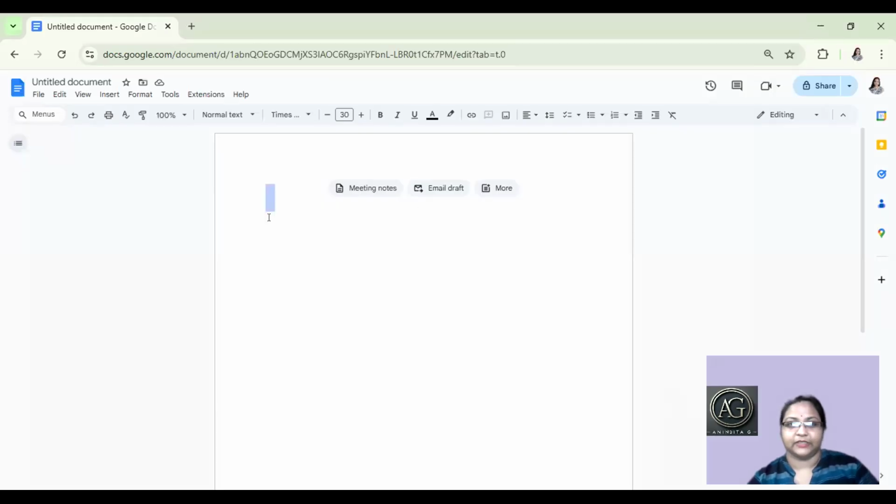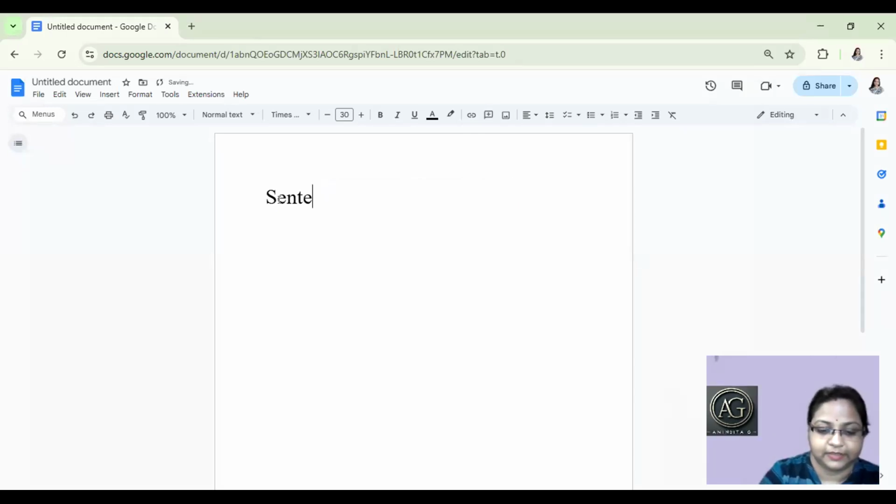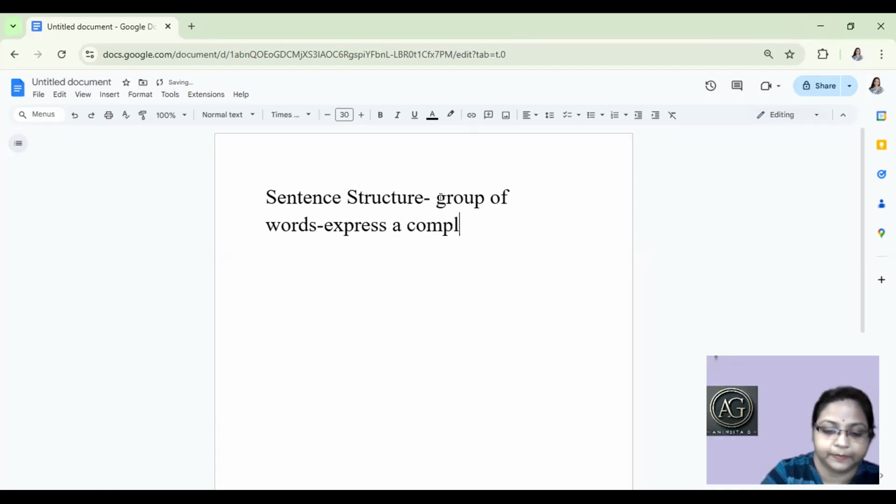So the first question I asked, what is a sentence structure? It basically contains some words, right? It is a group of words that can express a complete thought. So let me write the keywords. There are a group of words that will express a thought, a complete thought.